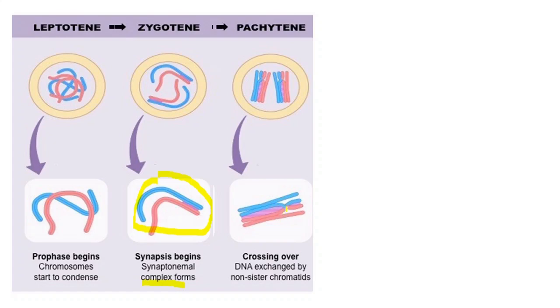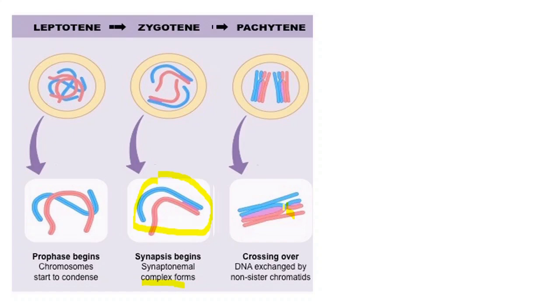Here they have crossed each other. At this point you can see they have crossed, which means they have interacted. These events happen in pachytene, and this is the process of crossing over.